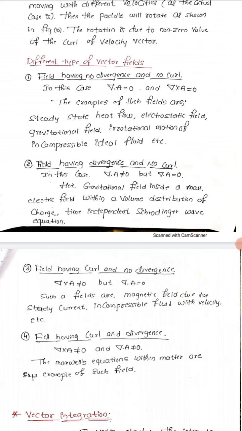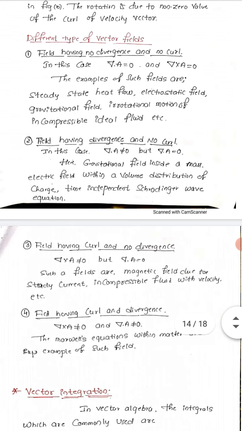Then second, the field having divergence and no curl. In this case, del dot A is not equal to 0, but del cross A equals 0. Here examples are the gravitational field inside the mass, the electric field within a volume distribution of charge, and the time independent Schrödinger wave equation.